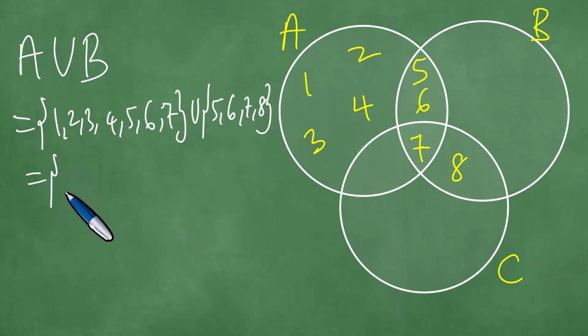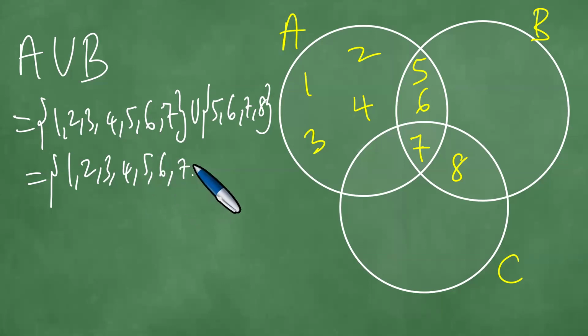Okay, A union B right now is 1, 2, 3, 4, 5, 6, 7, 8. So A union B now contains all these elements. Okay, we noted that. Next question.